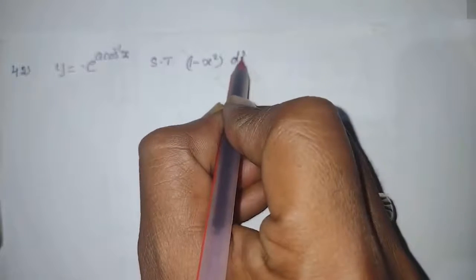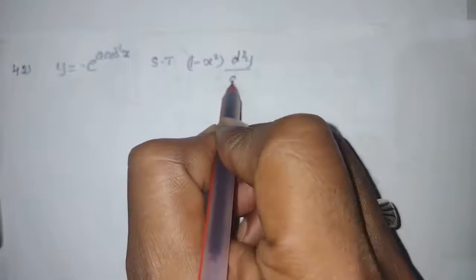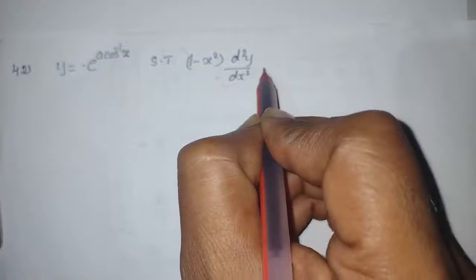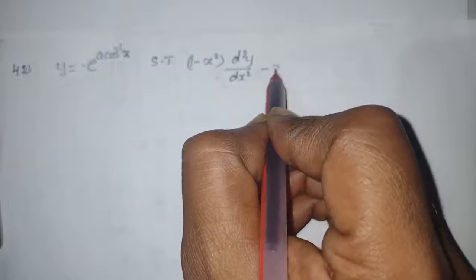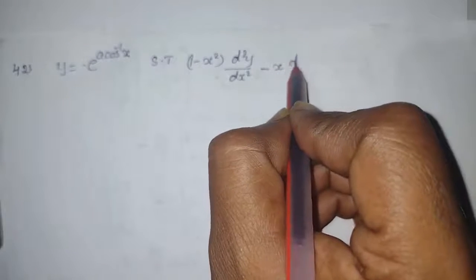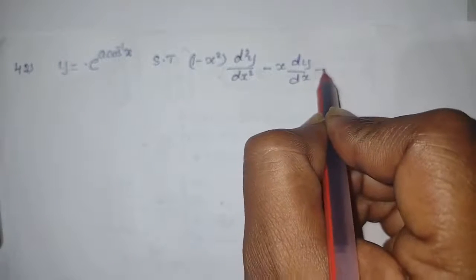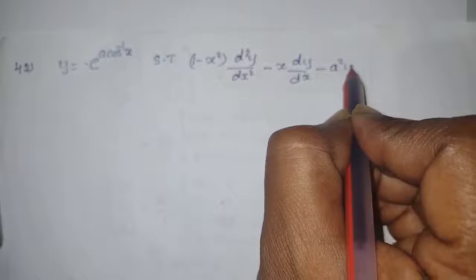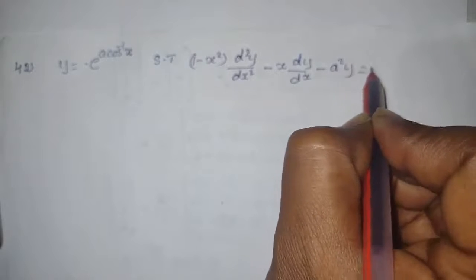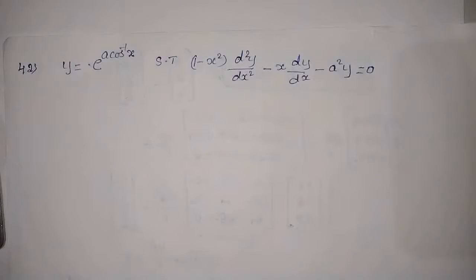1 minus x square into d square y by dx square minus x into dy by dx minus a square into y is equal to 0.